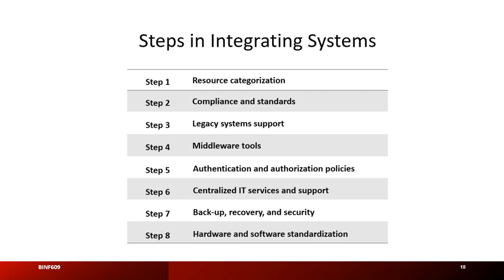In step 6 of the centralized IT services and support, instituting IT support for an integrated system environment is necessary to avoid support and maintenance problems with the integrated system. The IT staff needs to be able to support all applications and platforms with centralized IT help desk support.